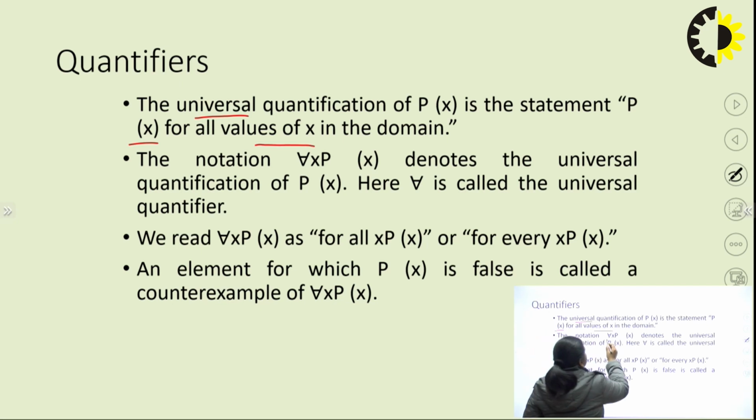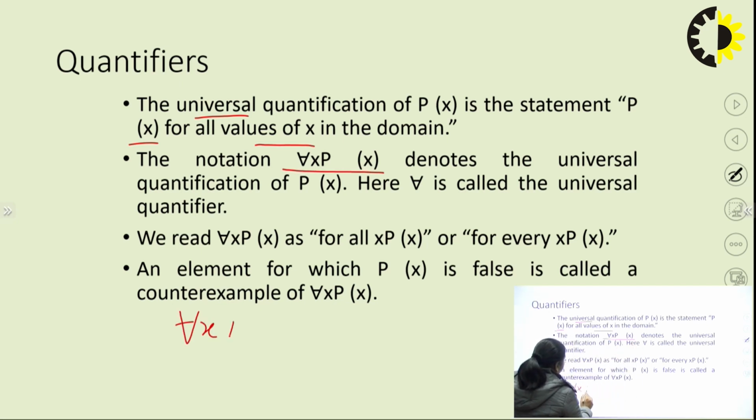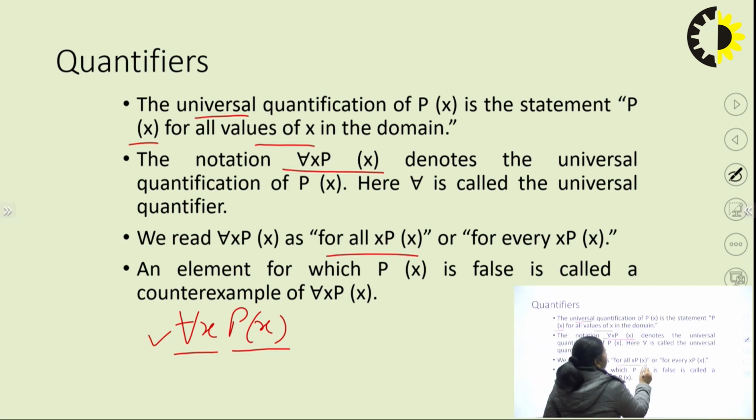The notation is for all x, Px. It means universal quantifier. Whatever the predicate is, it will be true for all the values of x. We read this as for all x, Px, or for every x, Px.